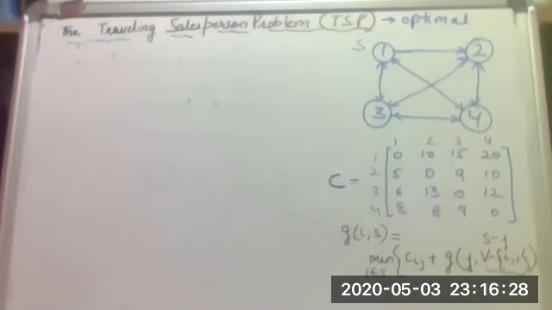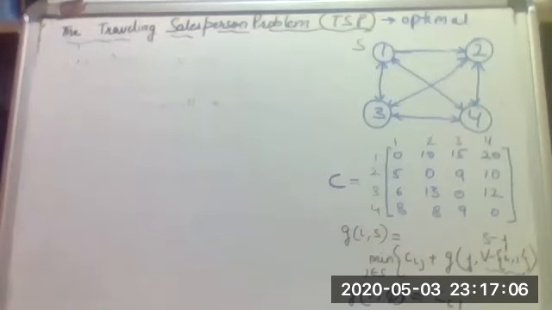And as we solve this, if we are at the last node, then G of i and an empty set is equal to Ci1. That means we don't have any other vertices left, and from I we are going towards the source vertex. Yes, where I is less than or equal to n and greater than or equal to 1.